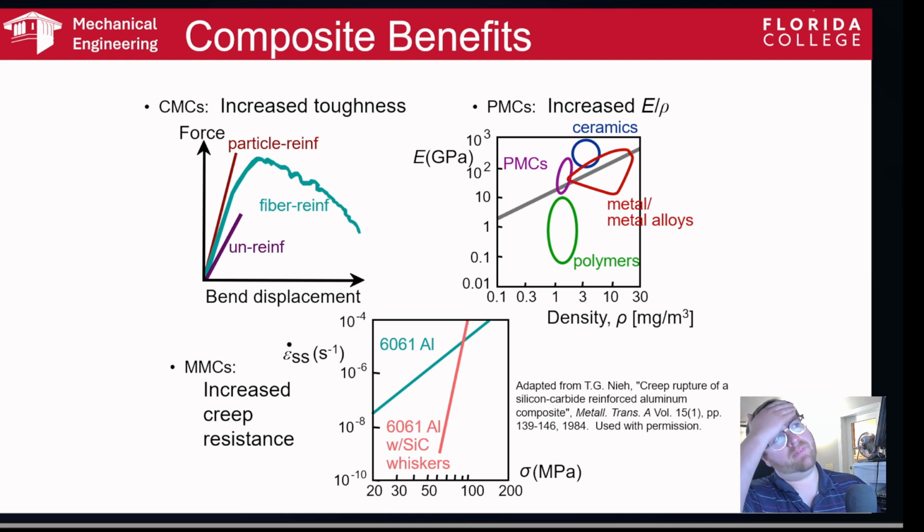Okay, and then finally we have the benefits of composites, right? So if you have ceramic matrix composites, by adding fibers into them, you increase the toughness of the material. What this means is you go from an unreinforced system that's relatively stiff, but breaks quickly, to a reinforced system that now actually has higher stiffness because you've added fibers to it, but when they fail, they fail what's called, quote unquote, gracefully.